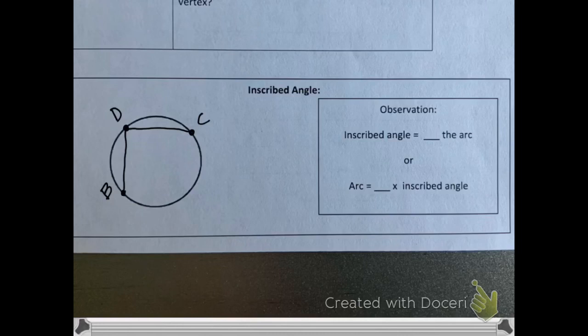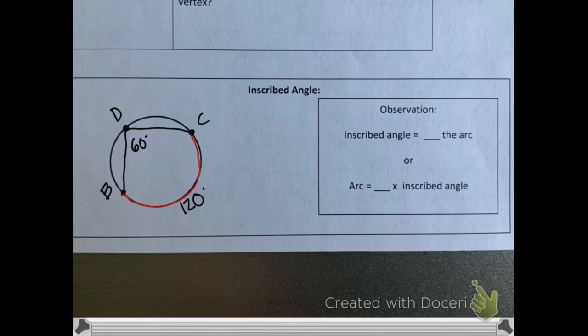So what is the observation of the inscribed angle, which I'll use the same degrees as the picture previously, and the intercepted arc? So if you remember, this is the intercepted arc right here. We said that the intercepted arc was always double the size. So we would have to double 60 to get 120, or if you say it in reverse, the angle is always half the size of the intercepted arc.